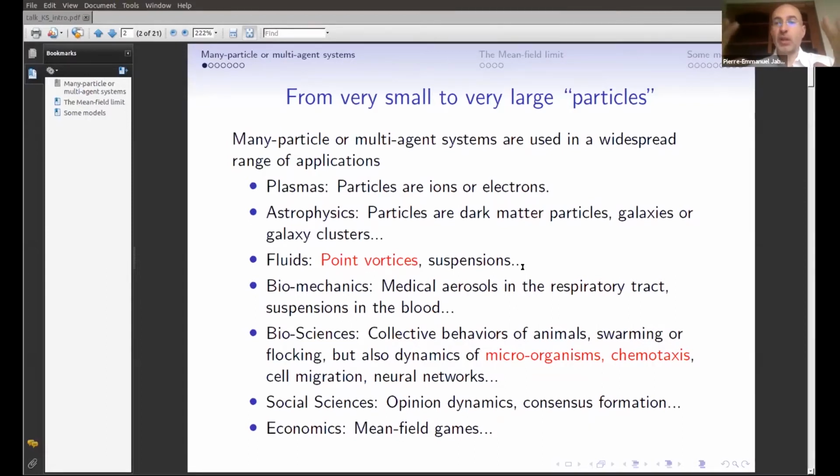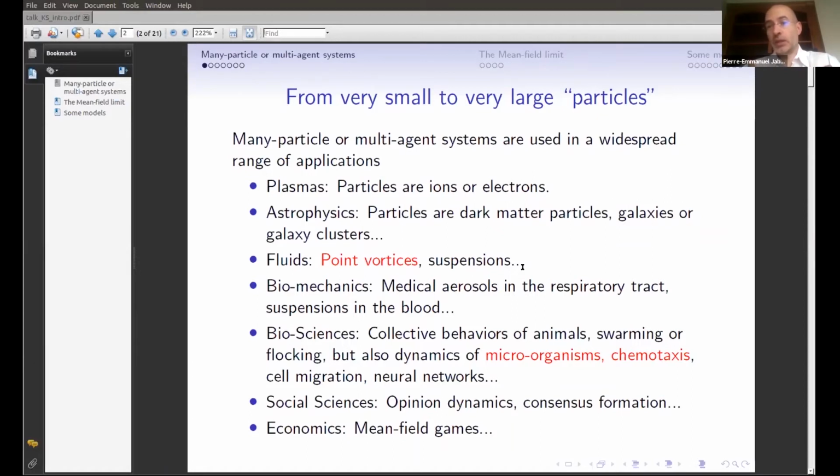At large scale, the universe is mostly flat, and then you study concentration of dark matter. Dark matter particles are supposed to be interacting essentially only through gravitation. So it's a very common model. Of course, you have other examples in physics, as in fluids, and I will actually go back to that later.